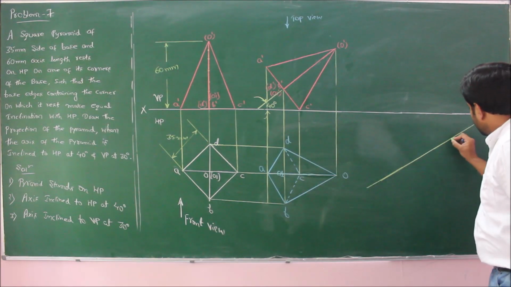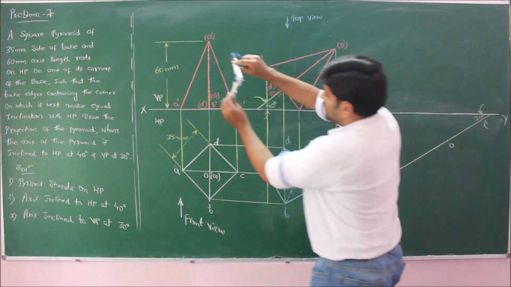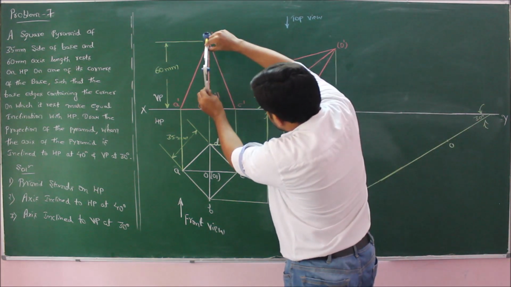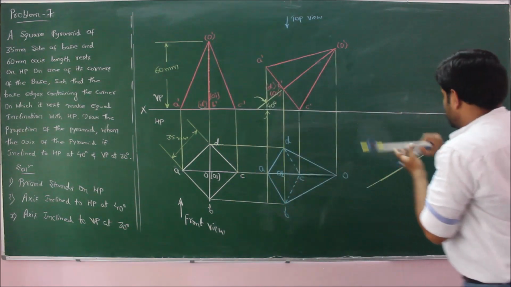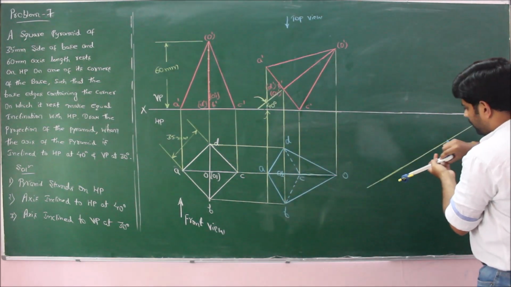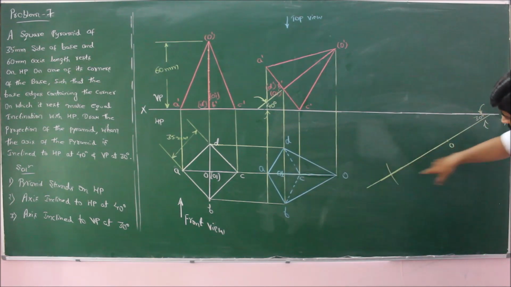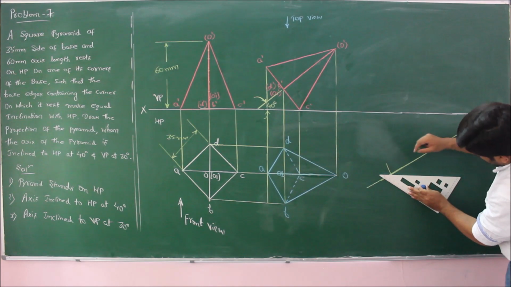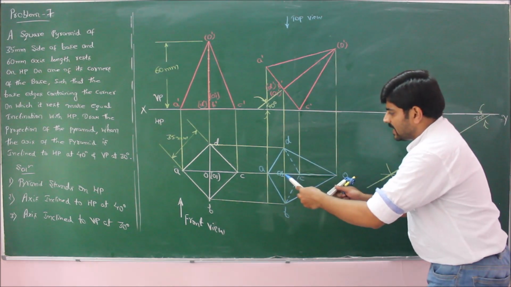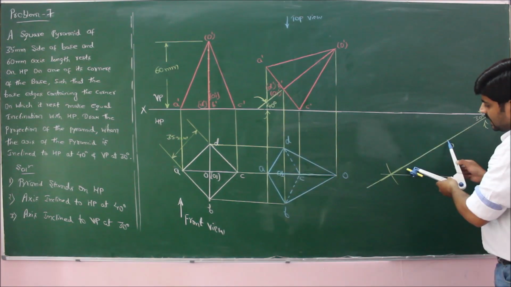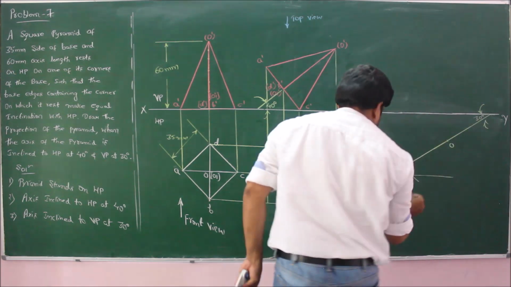Mark O as reference. Measuring the true axis length, transfer the true axis. So now fix the locus. Now measuring the apparent axis length, intersect this new locus, which will give us O1.